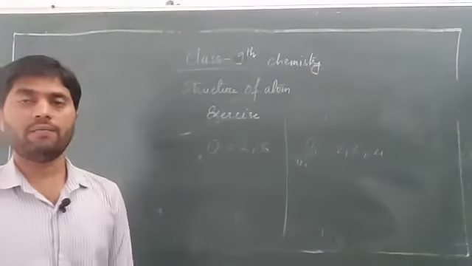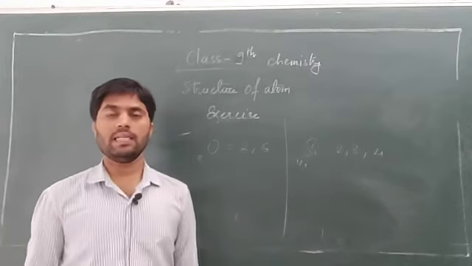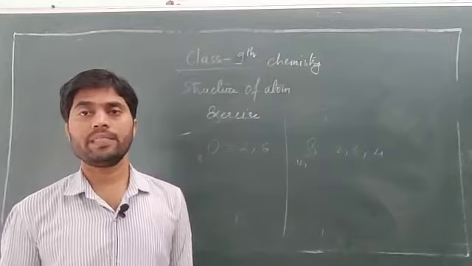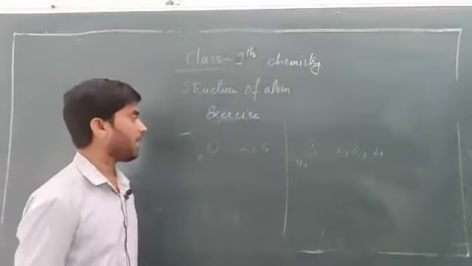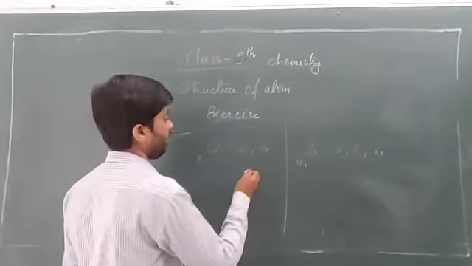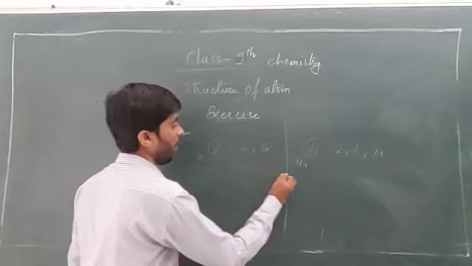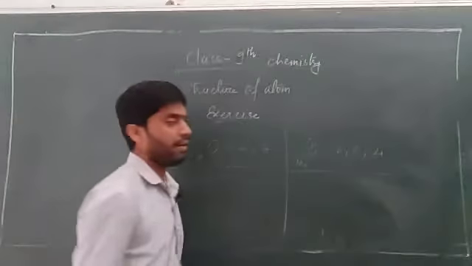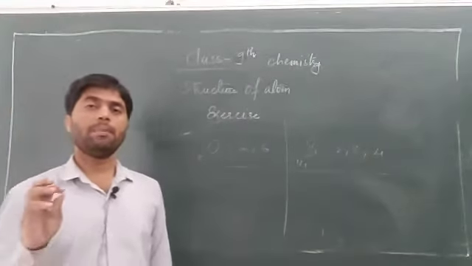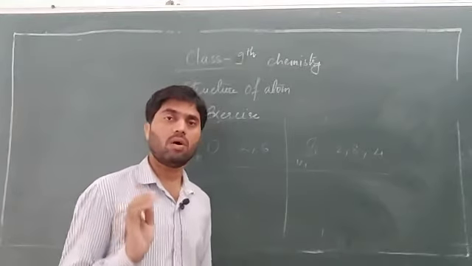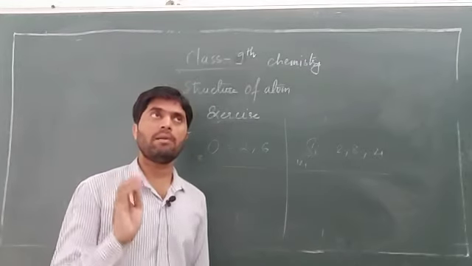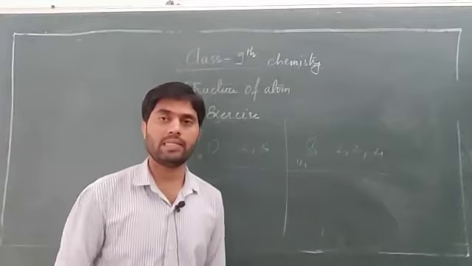How will you define the valency? Valency is the number of electrons present in the valence shell. According to this definition, we have to define the valency. But we cannot apply this definition to all the elements.